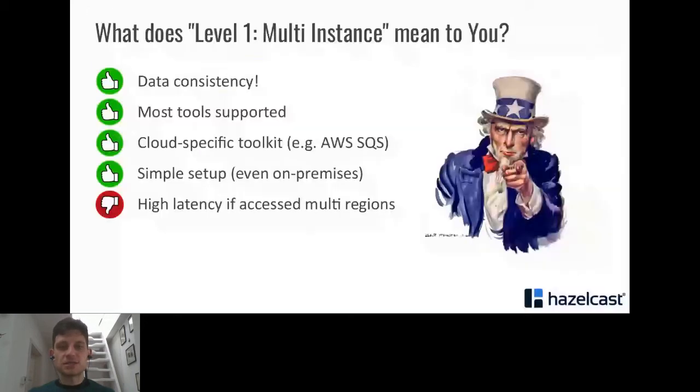And the setup is quite simple, even if you do it on-premise; actually any database is a relatively simple setup. From the downsides, you are still bound to one region, so if you would like to access your system from multiple regions, then the latency from other regions would be high.